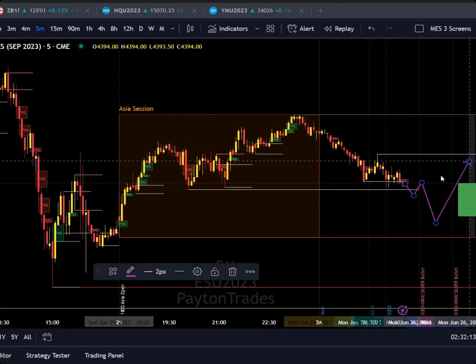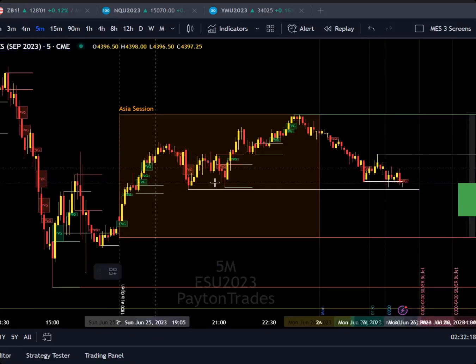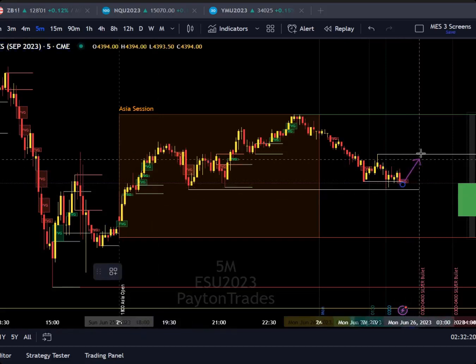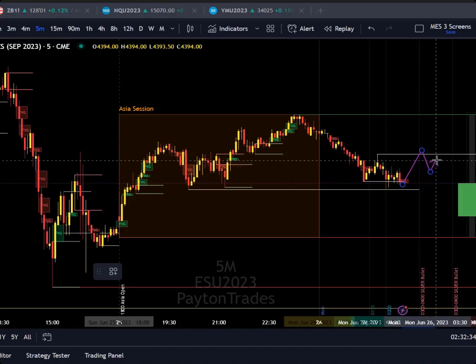Let me move this and show you what I'm looking for with my strategy. I'm looking for price to go up and break a high, turn right down, break a short-term low to show me it wants to go down, and it created a fair value gap right here. It turns around and trades into that fair value gap.